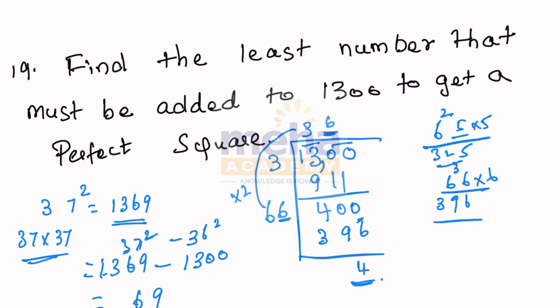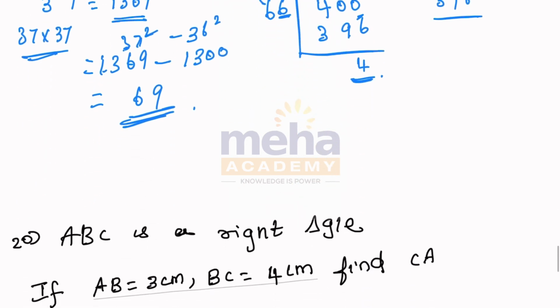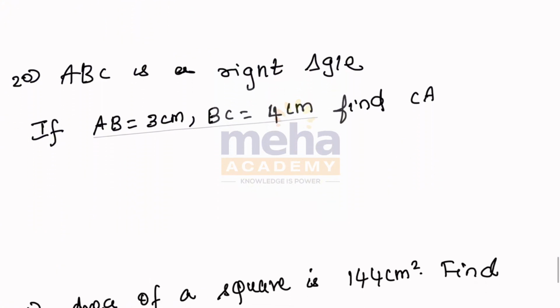Next question. In a right triangle ABC, find CA. So now we will name this as A, B, C. AB is 3 centimeter, BC is 4 centimeter. They are asking CA.